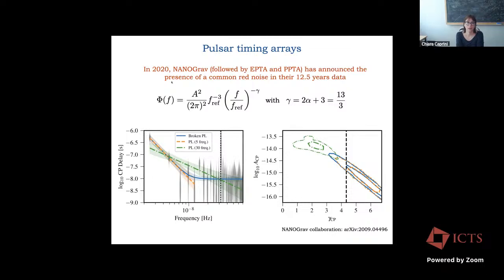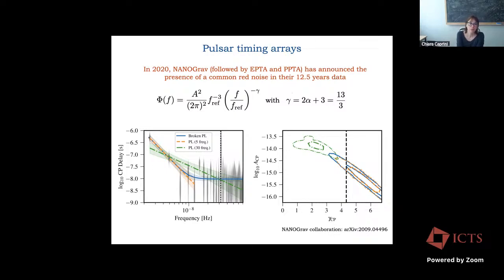in 2020, NANOGrav, then followed by the European Pulsar Timing Array and the Parkes, so Australian Pulsar Timing Array, announced the presence of a common red noise in their data, so 12.5 years of data. So that's what I was saying before. In order to be able to see something, you need to wait for a longer time scale than just the period of the binary, to get many periods and have your signal.